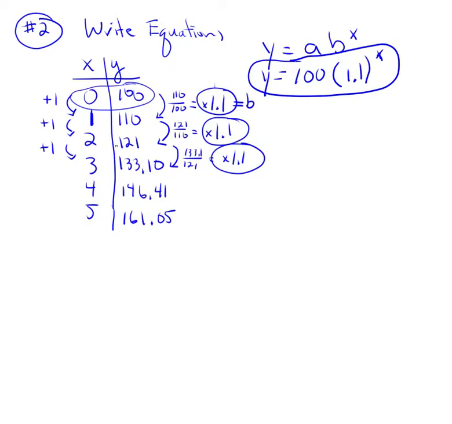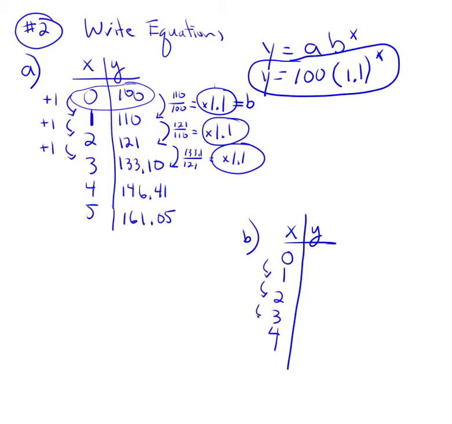If we look at another table, let's label this table A and this table B. If we have a slightly different one, 1, 2, 3, and 4. So our x values are going up by plus 1 for each one of those.